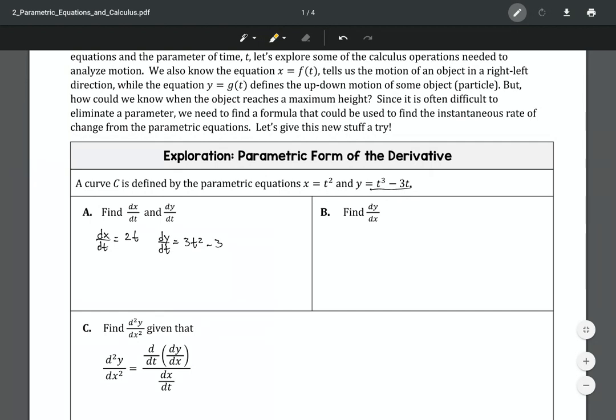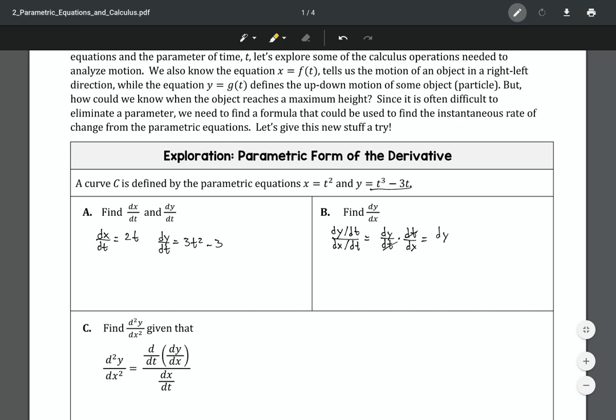If we're going to try to find dy/dx, the derivative of y with respect to x, it's actually very simple. What we would do is divide dy over dt by dx over dt. If we keep the numerator the same, and we multiply and flip the bottom part, essentially what we would have is dy/dx.